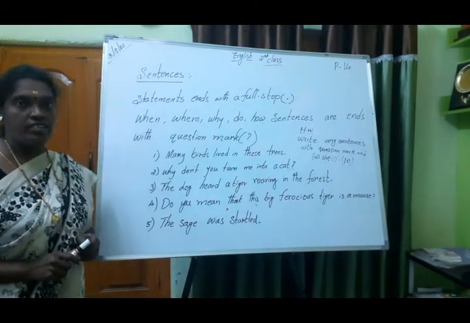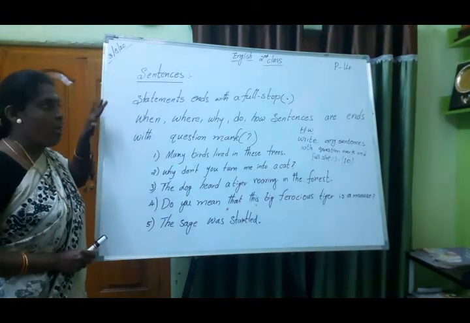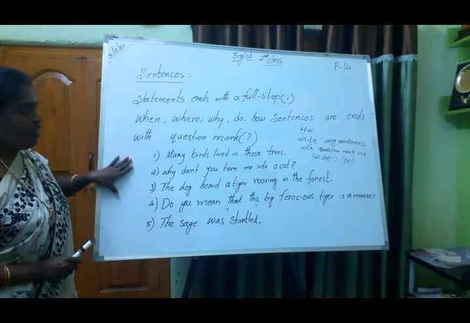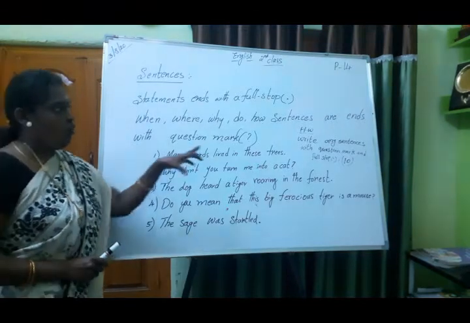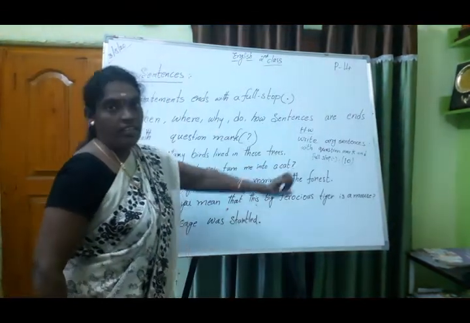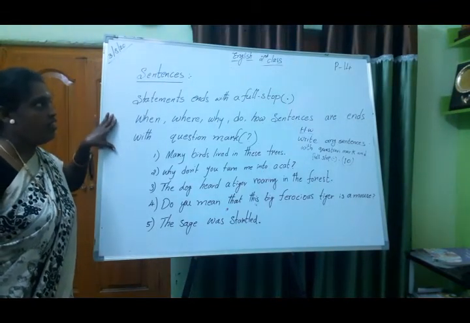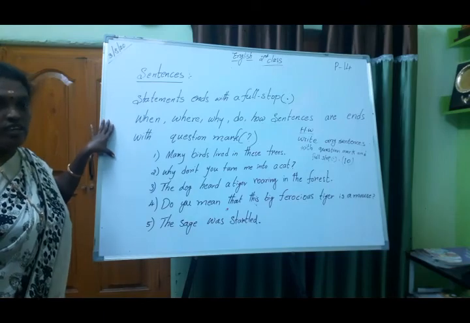I hope you understand where you have to use the full stop and question mark. You do this one in HW also, and also you write the 10 sentences in HW also. Okay, children? Thank you.